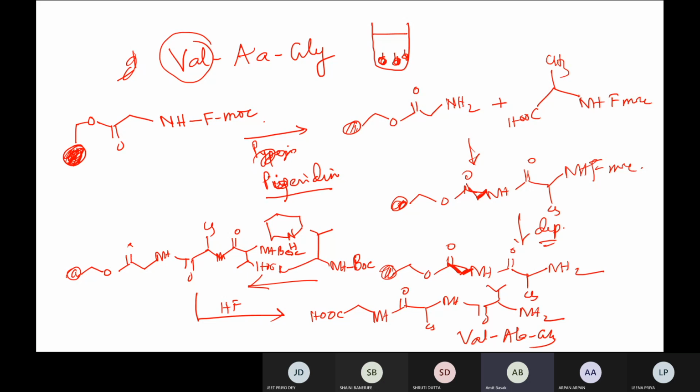So basically, how do you ensure that your FMOC group has come out when you are adding piperidine? I told you that. Can anybody tell me what is the mechanism of FMOC deprotection?